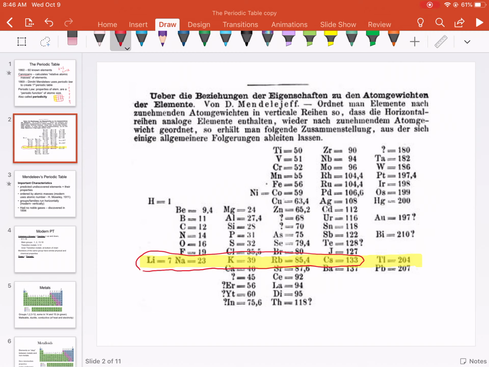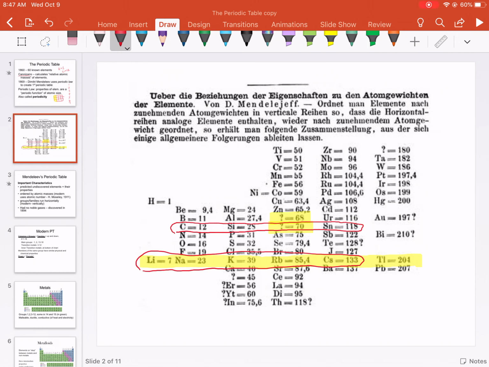The other cool thing he did was he was able to actually predict the properties of elements that hadn't even been discovered yet. So, for example, if you look at number 68 and 70, those had not been discovered yet, but he knew that there was an element missing in terms of the pattern that he was seeing. So, for example, if you look at carbon, silicon, and tin, those have common properties.